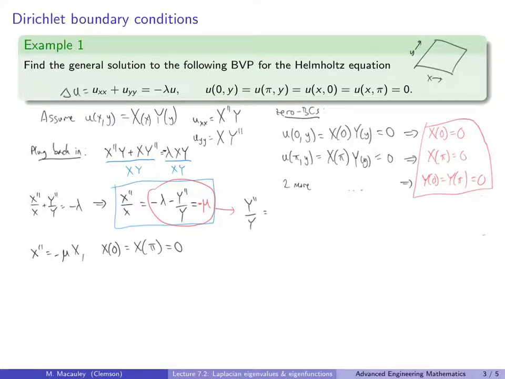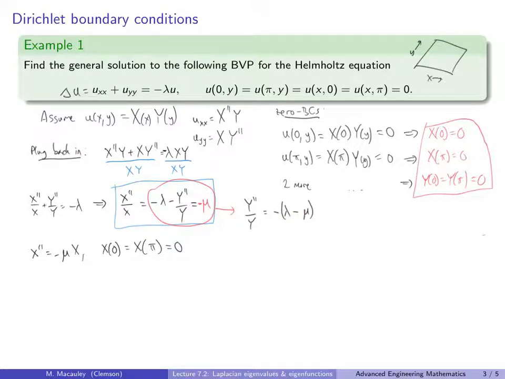It's equal to negative, and what is it? Negative lambda, and then is it plus mu or minus mu? I think that is correct, right? So again, this thing circled, y double prime over y on the right-hand side. The left-hand side is negative lambda minus mu.